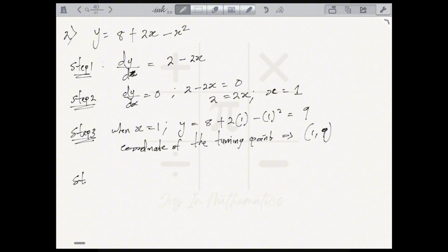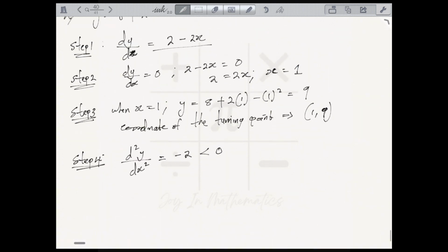Now with this done, let's determine the nature by evaluating d²y/dx². Since dy/dx is 2 minus 2x, d²y/dx² is minus 2. Now we can see that minus 2 is less than 0.